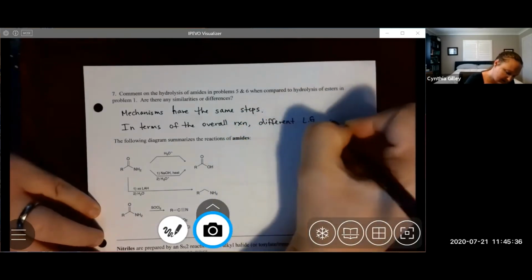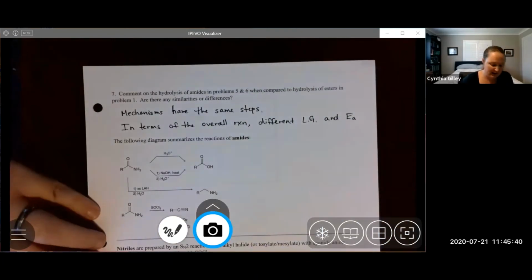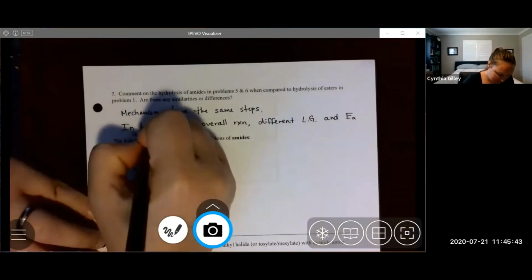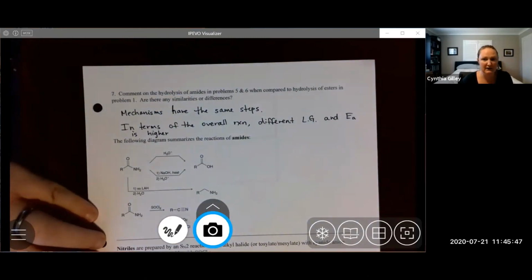and the activation energy will be higher for the nucleophilic attack on an amide compared to an ester.